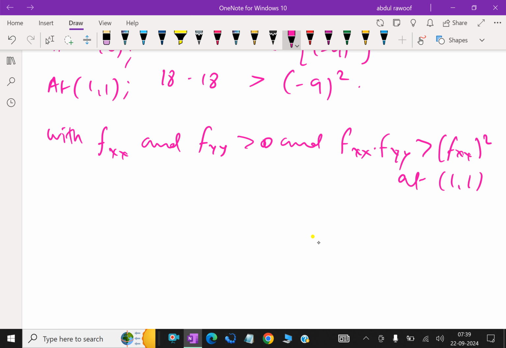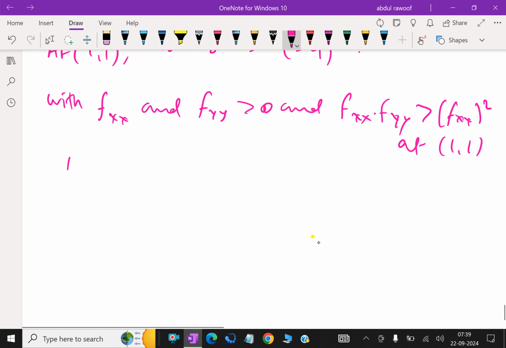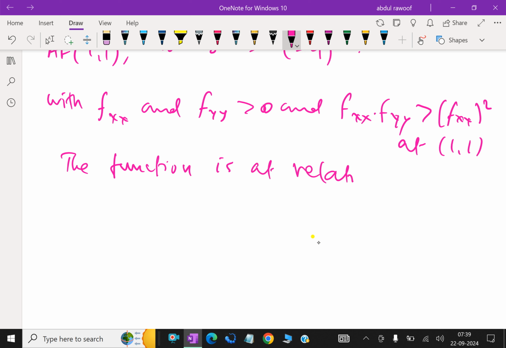The function is at a relative minimum at the point (1, 1).